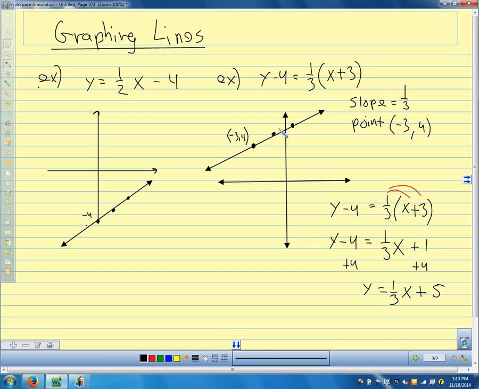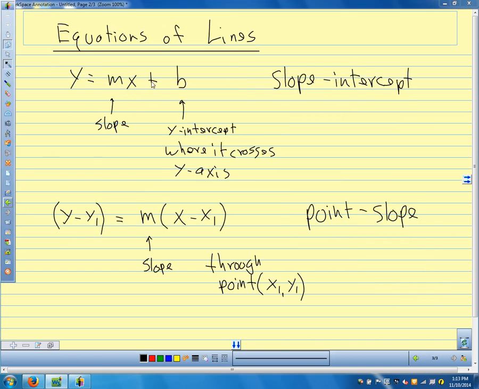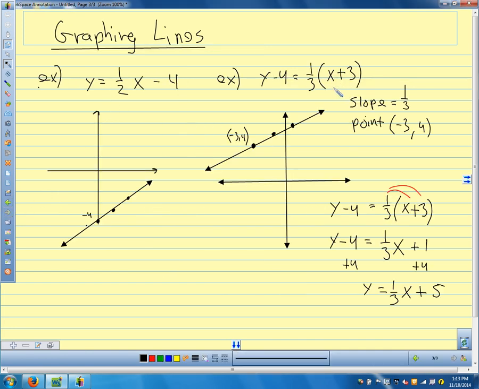Because, so listen up guys, this is a good question. The question is why here we just use -4 for our intercept, but why didn't we do that here? This equation is in slope-intercept form. So that's in y equals mx plus b form. So we can pick out the slope and the intercept. This equation is in point-slope form. It's not in slope-intercept form.